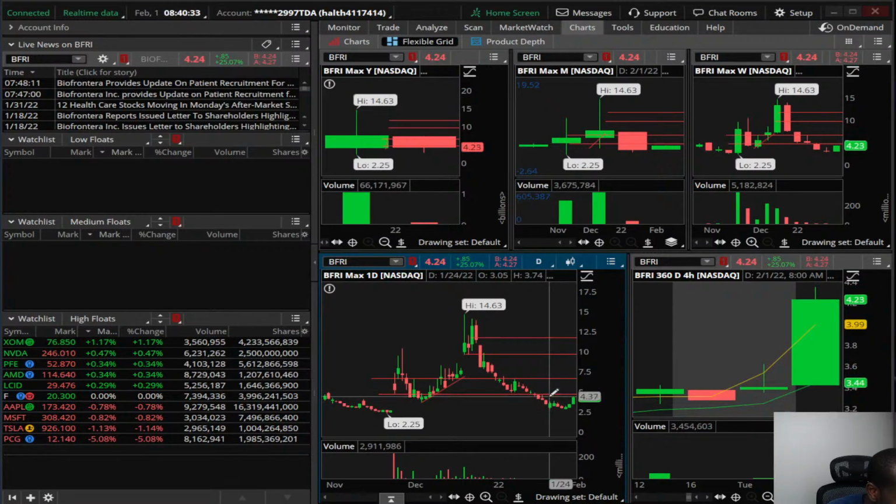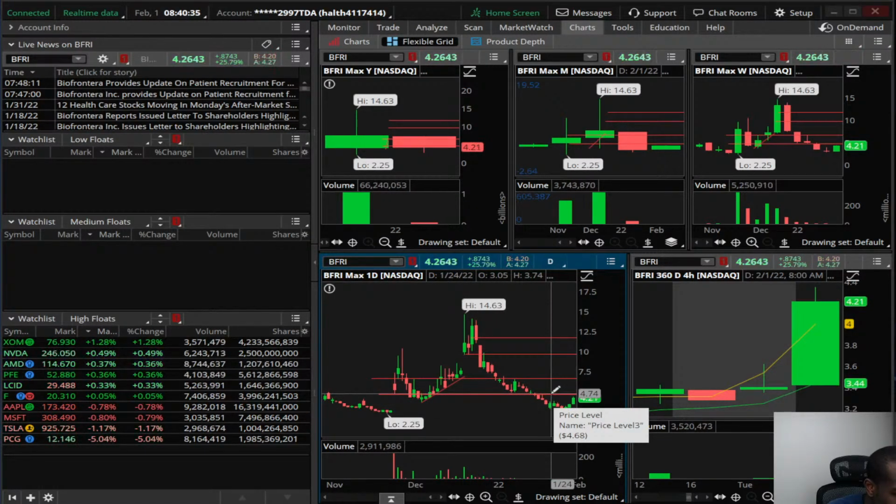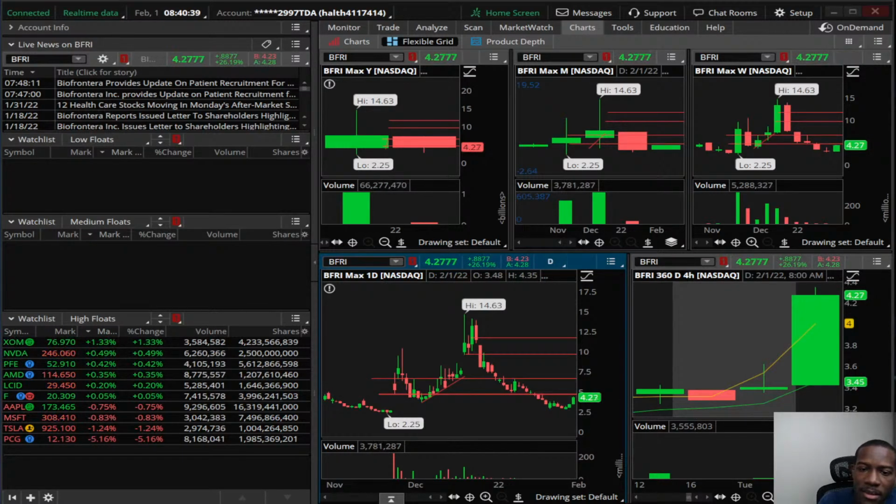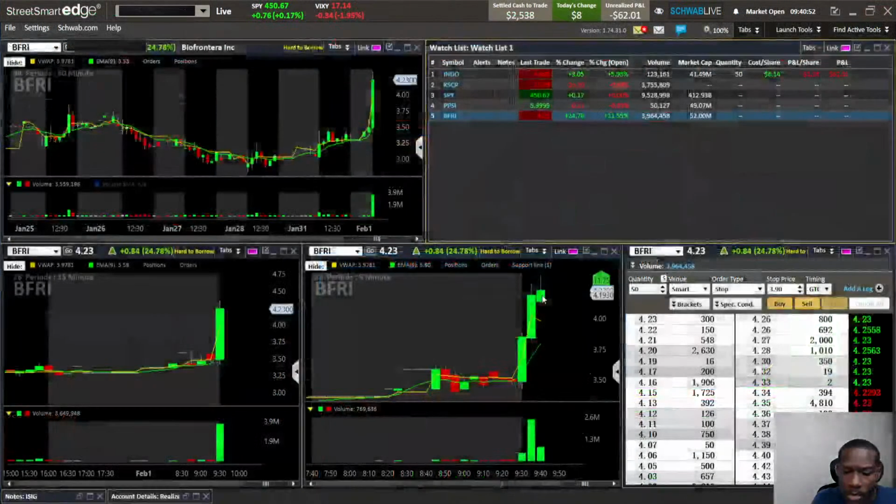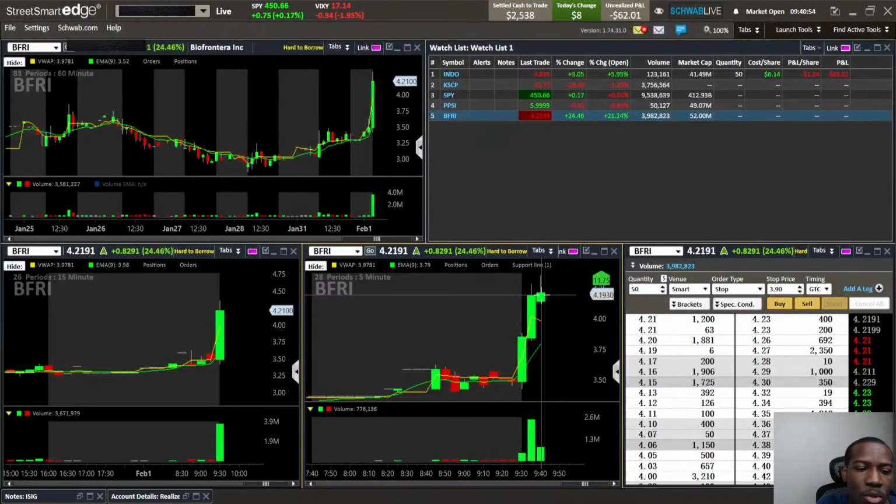But 460 is where I'm thinking that the first resistance will be, or 470, somewhere in there. 460, 470. See, the high over here was 435.